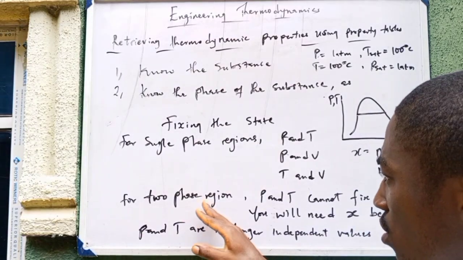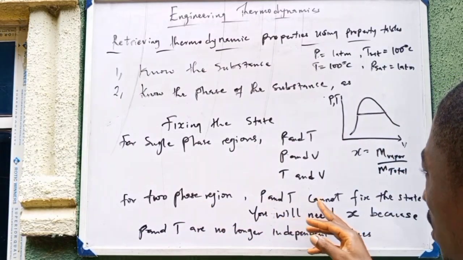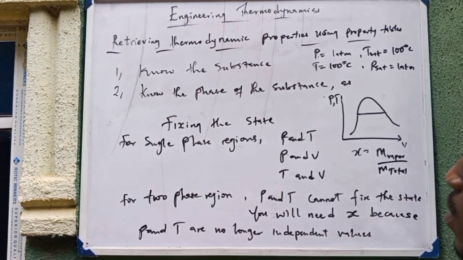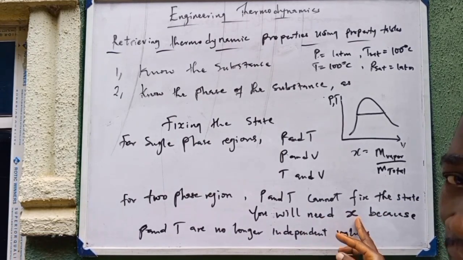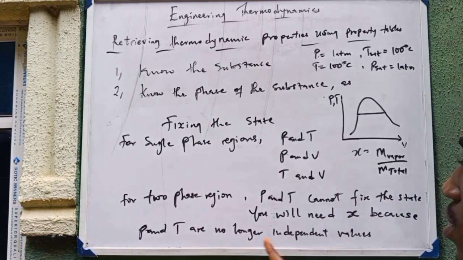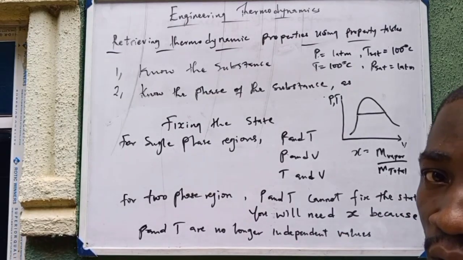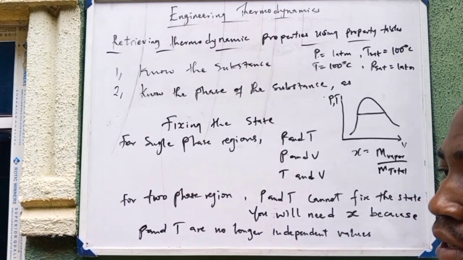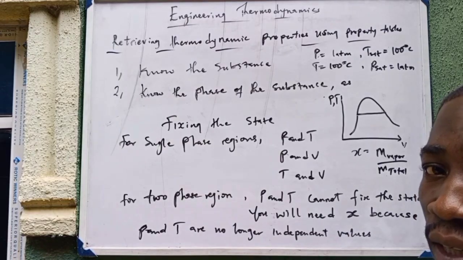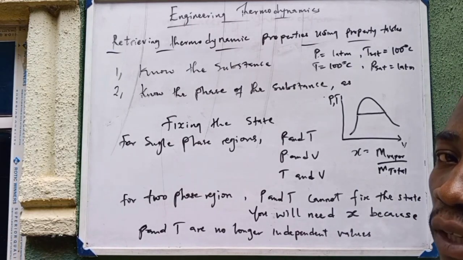Now, for the two-phase region, P and T cannot fix the state. You will need X, and X is called quality, because P and T are no longer independent values. What that means is when you know T, you can tell what P is. When you know P, you can tell what T is.